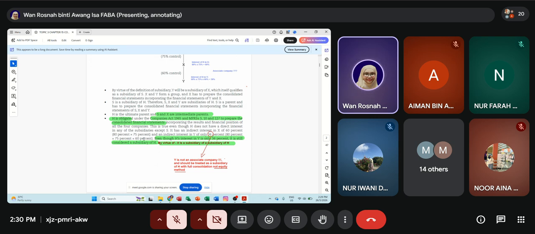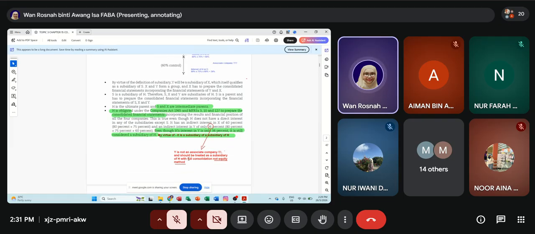So 36% is still considered a subsidiary of H. It is not an associate company, and H still needs to do full consolidation of the whole group.